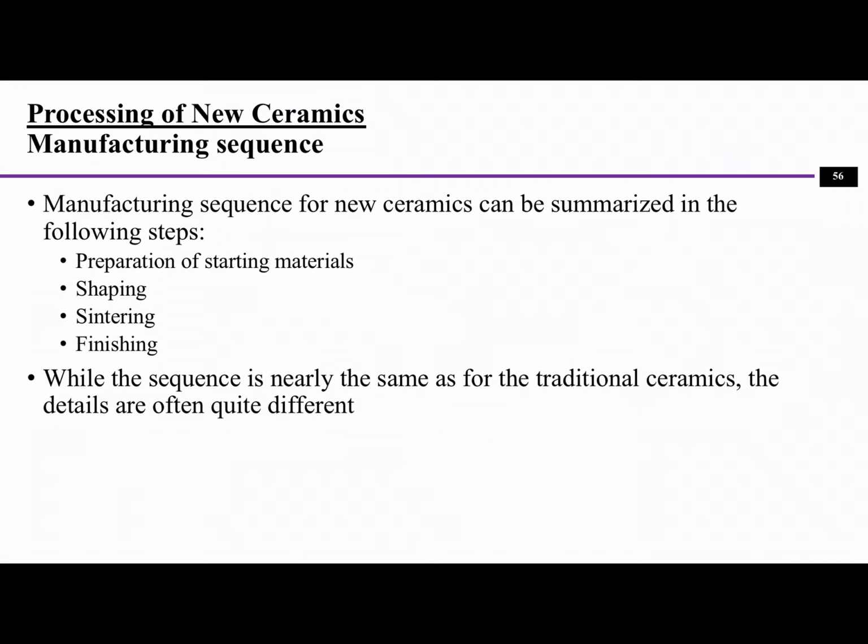So for the new ceramics, the manufacturing sequence is pretty much the same as traditional ceramics. It also includes preparation of starting materials, shaping, sintering, as well as finishing. But for creating new ceramics, they usually require stricter parameters and accuracy in each of the steps.